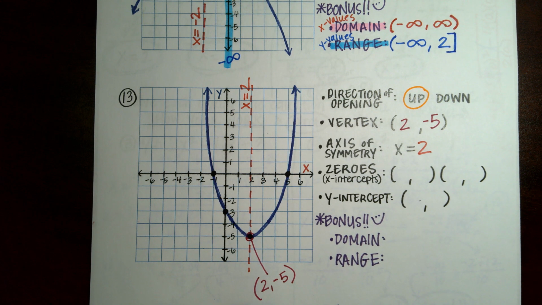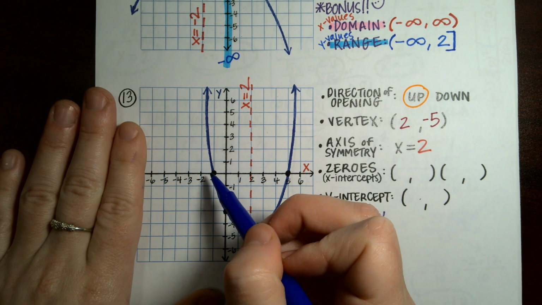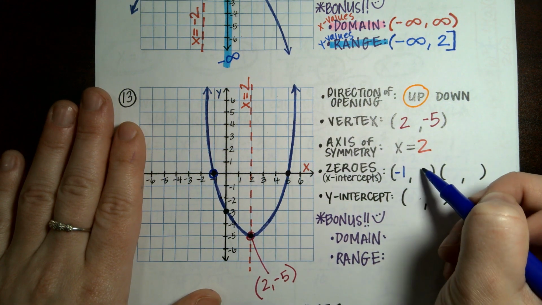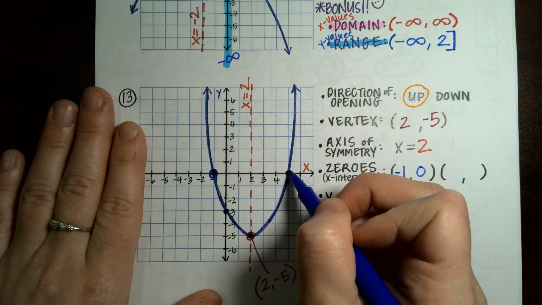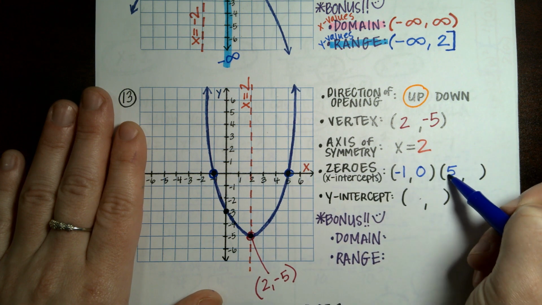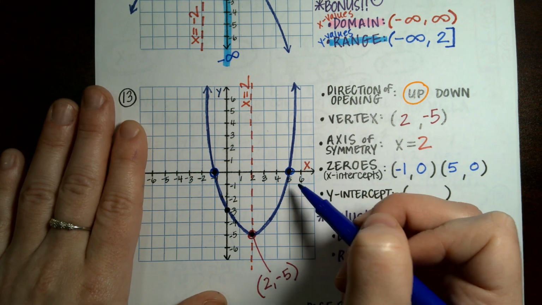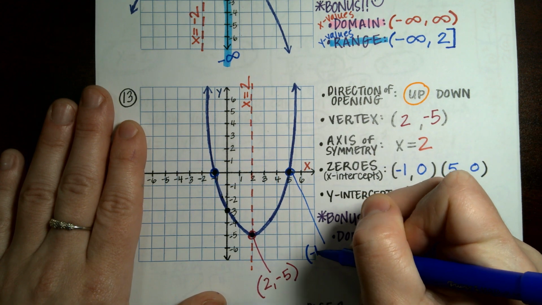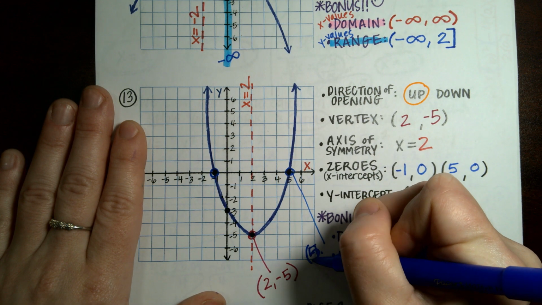Where are my zeros? -1, 0 and 5, 0. Oops, I put the wrong number.